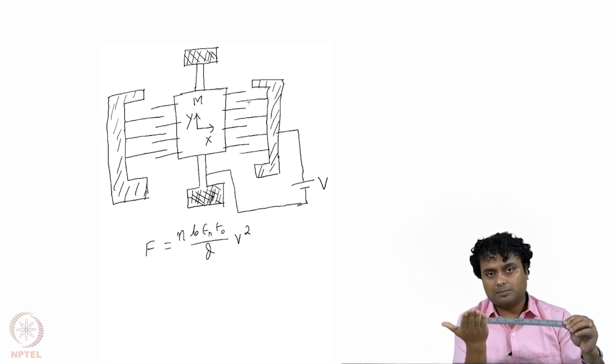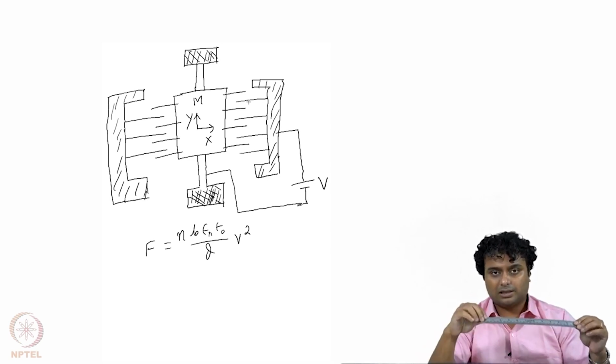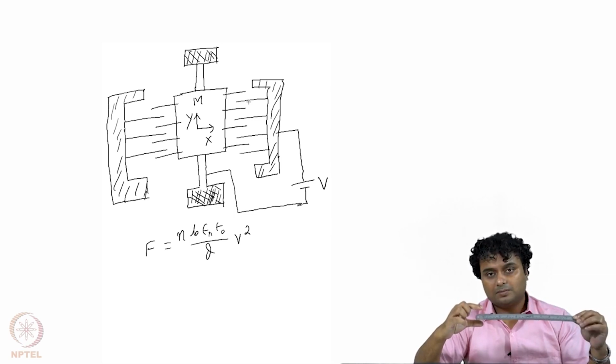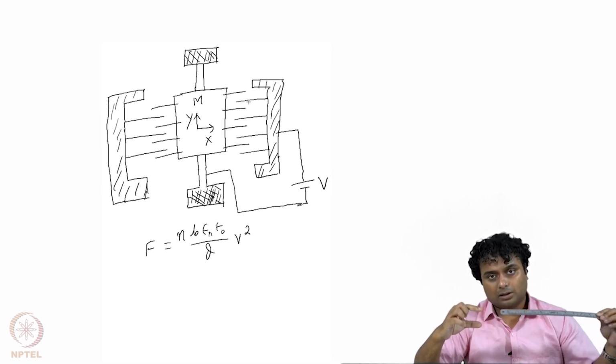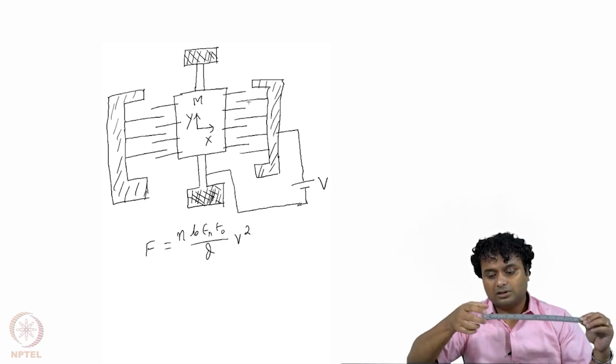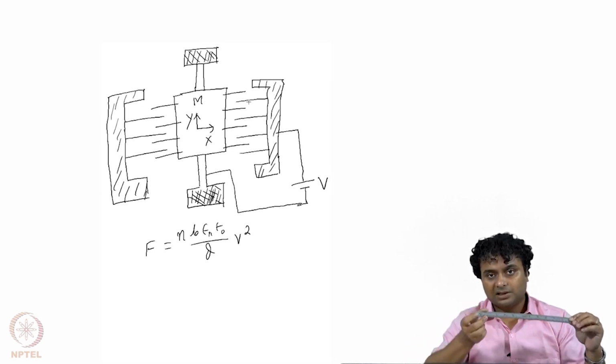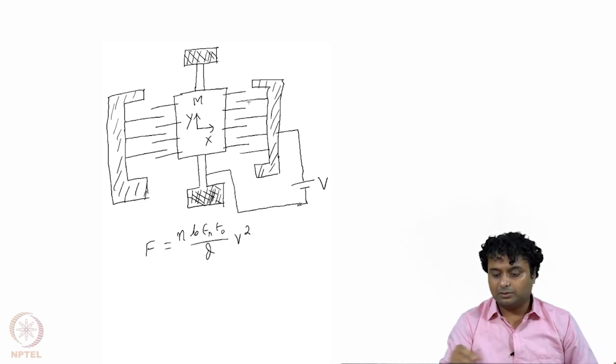This is the plane of the paper, and I am drawing on this, right, and this is the static comb, and then this structure or the moving combs are coming towards it and going away from it like this, right. So this b is the width which is actually perpendicular to the plane of the paper.